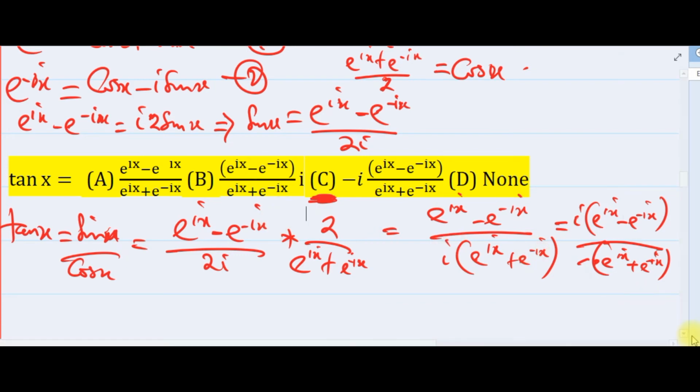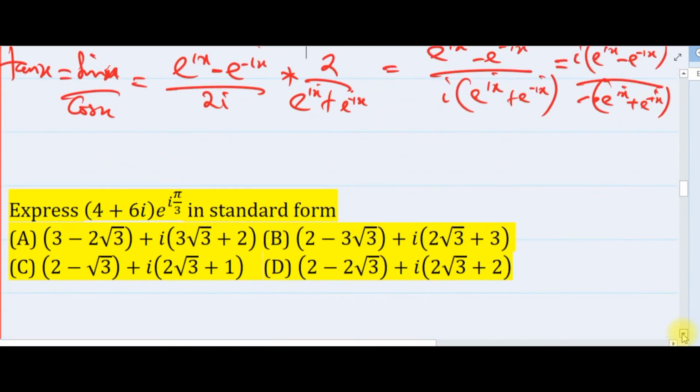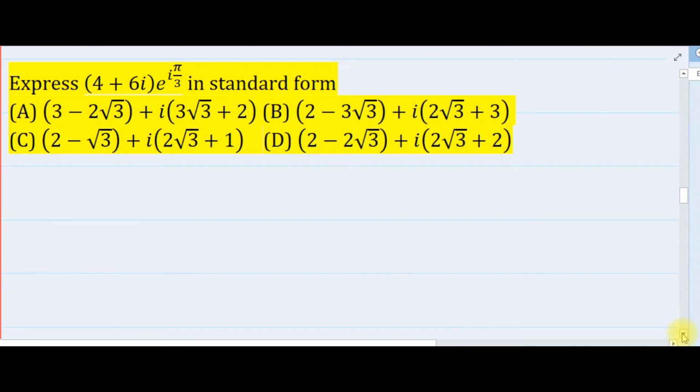The next question, we are asked to express this in standard form. The first thing we'll do, we need to convert using this.